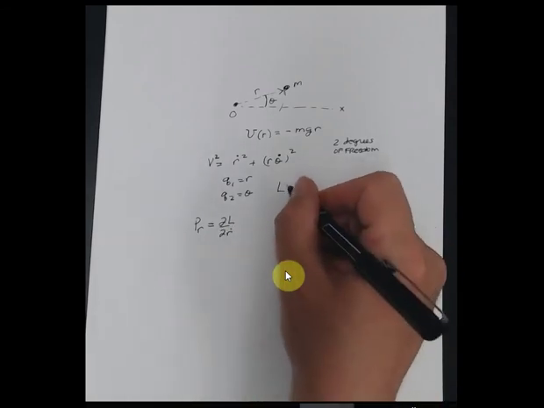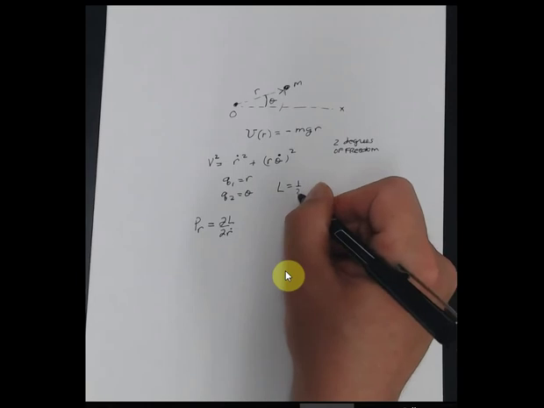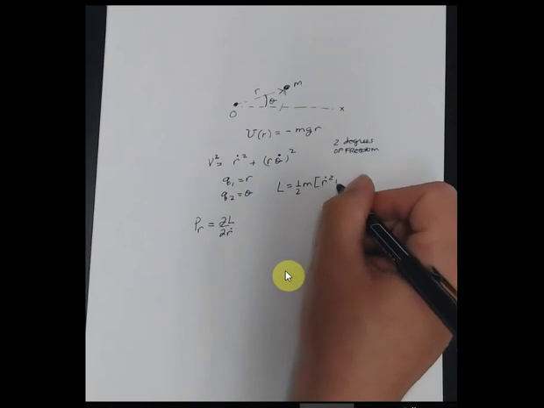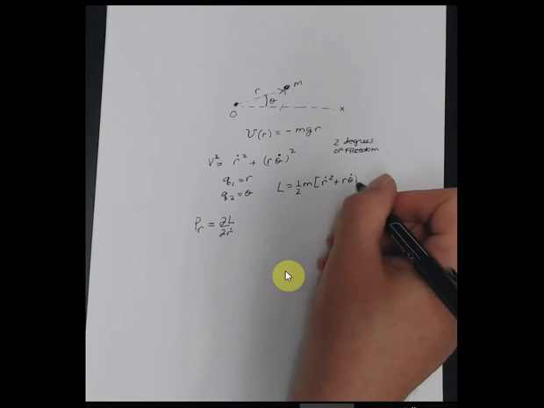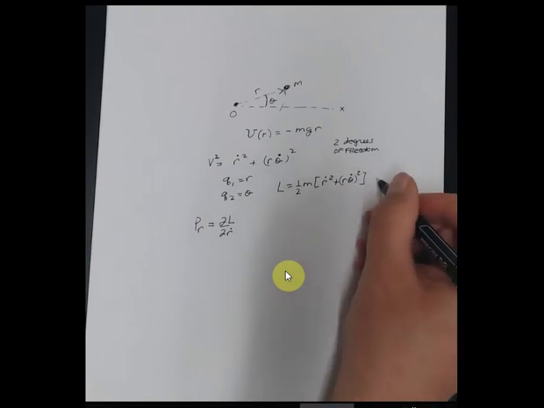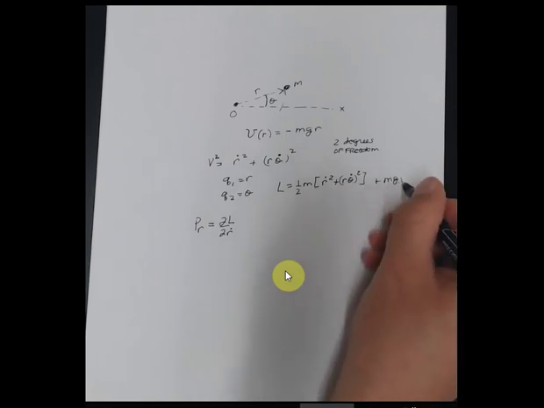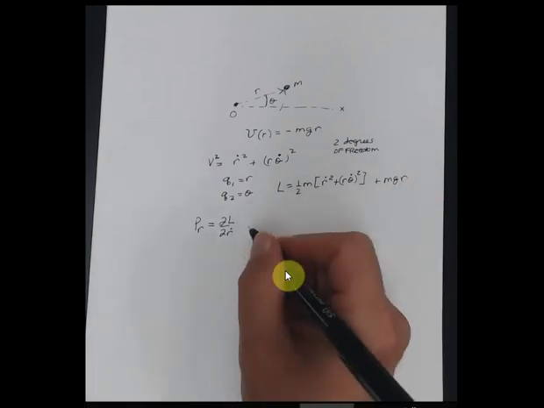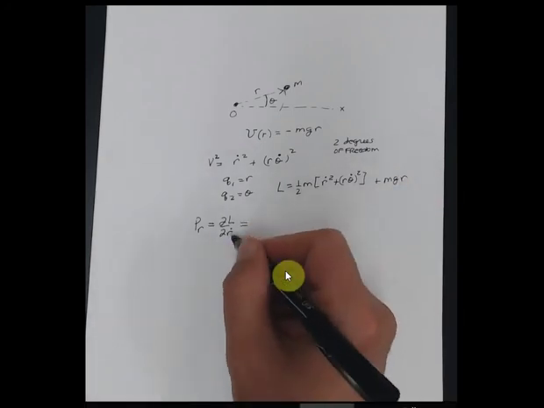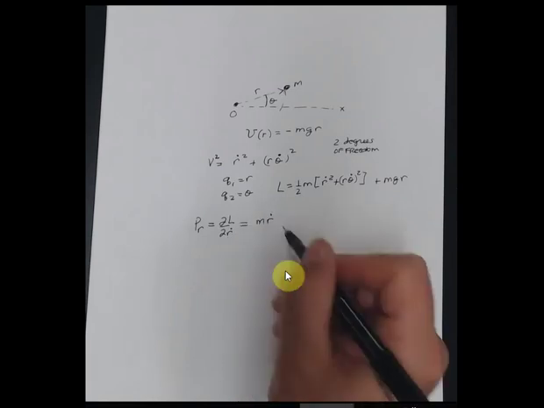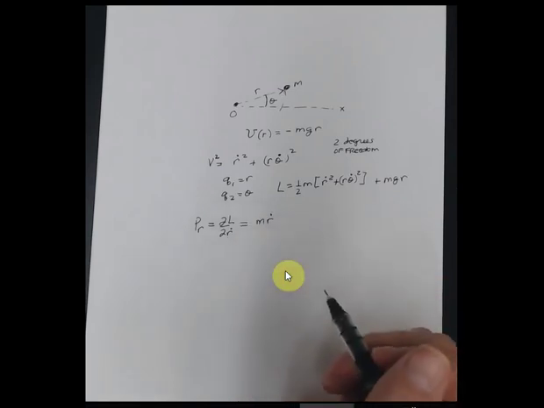We didn't write L. L is equal to 1/2 m (r dot squared plus r theta dot squared). That's the kinetic energy minus the potential energy. So we take the partial of L with respect to r dot. What do we get? We get m r dot. That's a linear momentum in the r hat direction.